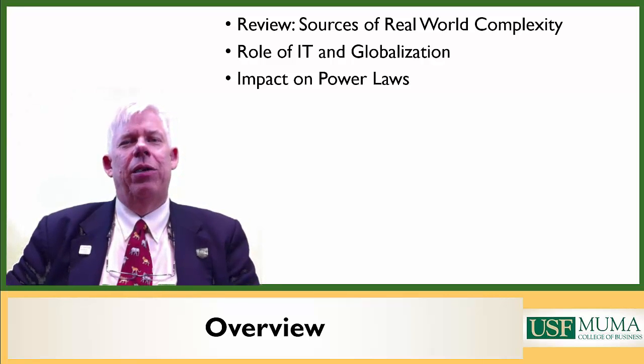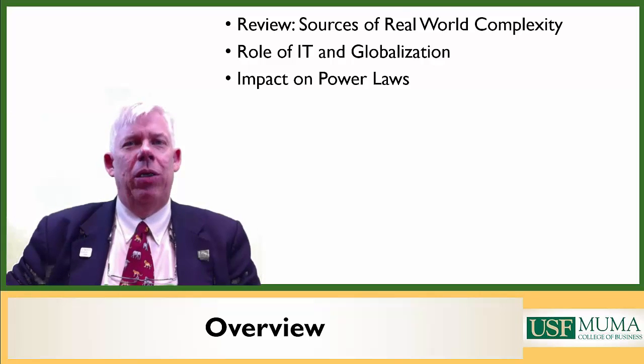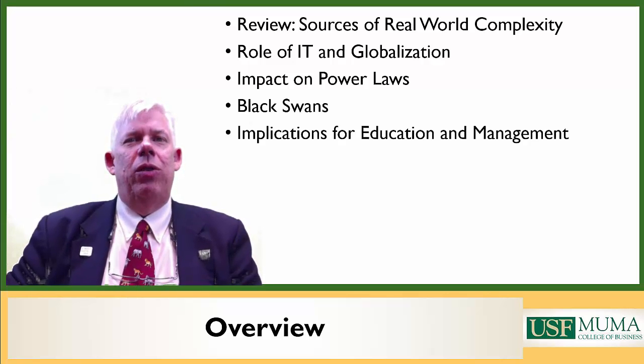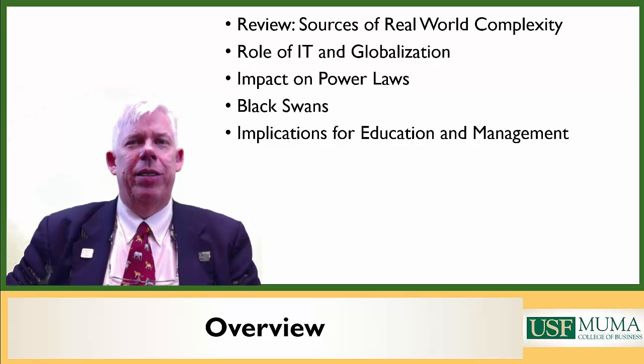We will then look at this in terms of the power law concept that we talked about in the last chapter. We'll talk about the notion of black swans and gray swans, these infrequent events that have a major impact on environmental behavior. And then we'll talk about some of the implications for education and management.